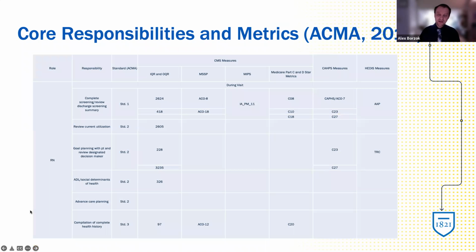This is just some additional core responsibilities and metrics according to the ACMA. So we talked about before in one of the other modules where the ACMA has established within these 5 essential guidelines or standards that by meeting these standards, you're also meeting different CMS measures, different KHEPS measures, different HEDIS measures as well, and that you can track these and report these for additional funding and billing through CMS.